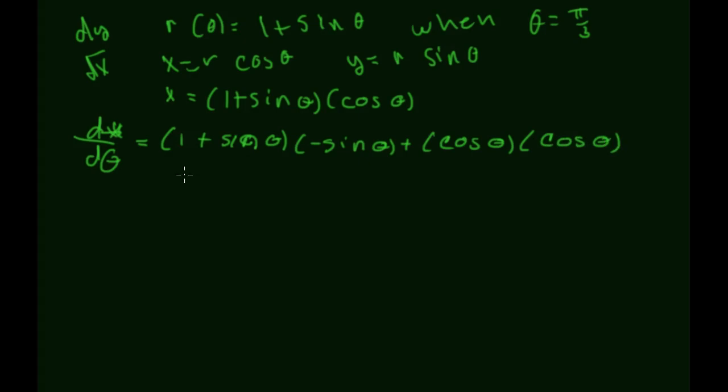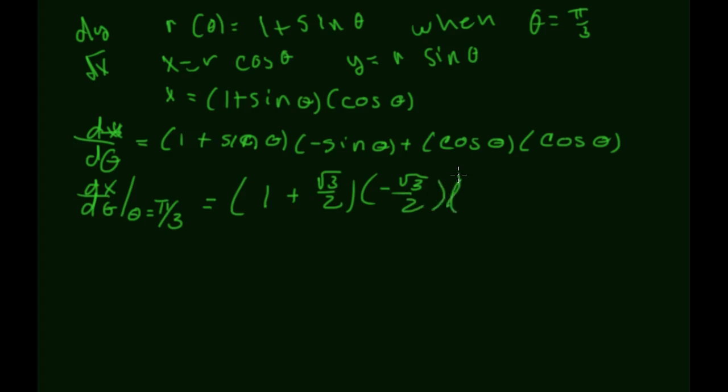Okay, so let's figure out what dx d theta would be when theta is pi over 3. 1 plus the sine of pi over 3, which is root 3 over 2, times the derivative of cosine, which is negative sine, so negative root 3 over 2. Plus the cosine of pi over 3, which is a half, so I get another half here.